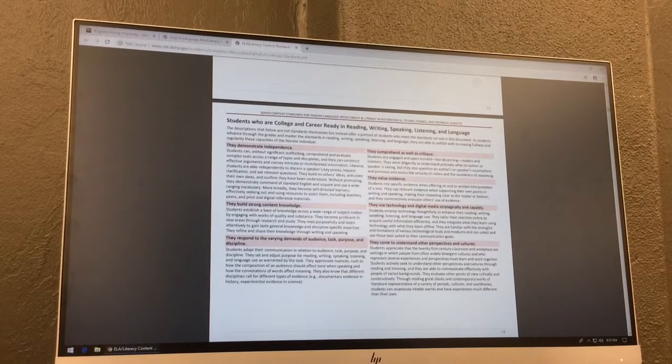So they appreciate nuances such as how the composition of an audience should affect tone while speaking and how the connotations of words affect meaning. I thought it said writing in here, but maybe it doesn't. But it looks like they're flexible and able to adapt.